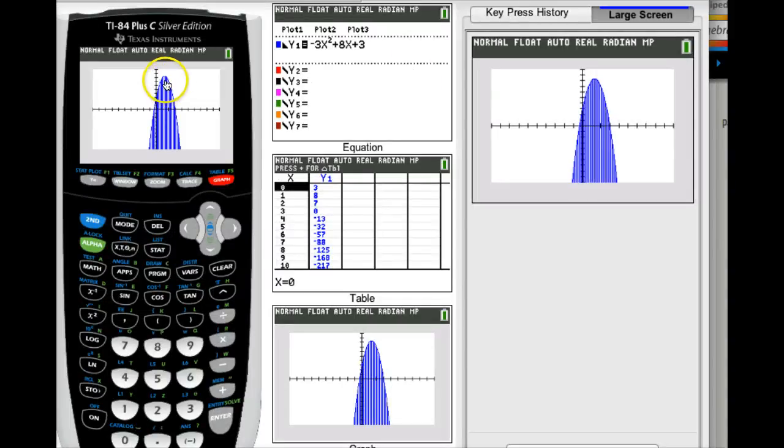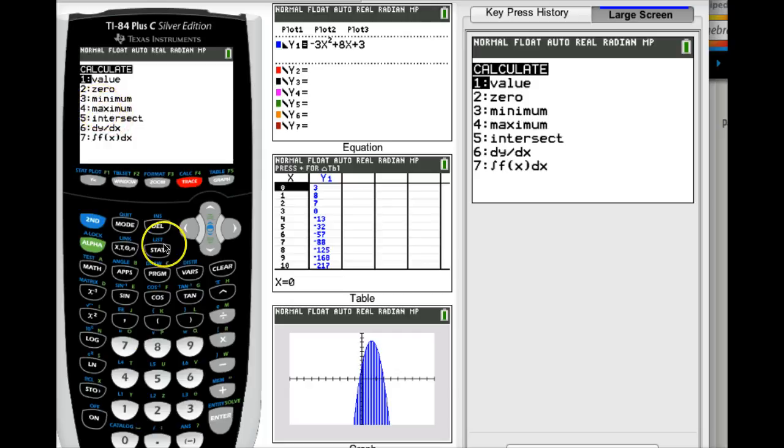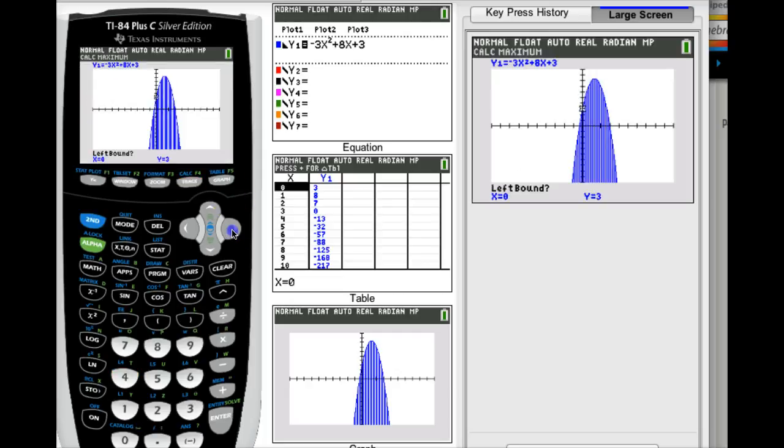So here, I'm going to find the vertex, so second trace. This time it's a maximum, so choice 4. So same thing that I did in last section, so left bound, right bound, enter, and there you can see we've got 1.33333. So 1.33 is fine, we can round it.